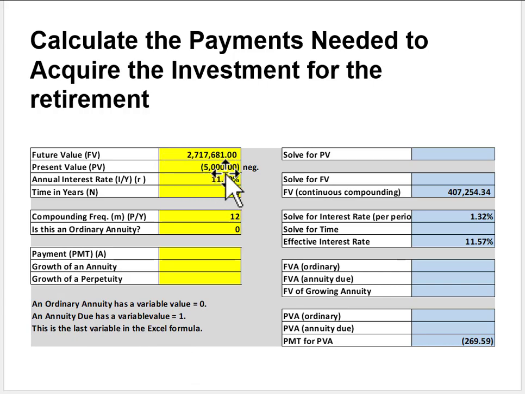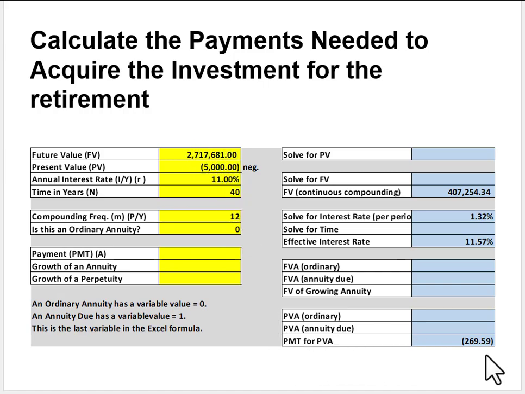We assume that you already have $5,000 in your investments. 11% is your annual interest rate. You think you can earn that on average over the next 40 years. And in this case, we're actually looking for payments. What does your monthly payment need to be in order to get this amount of money?